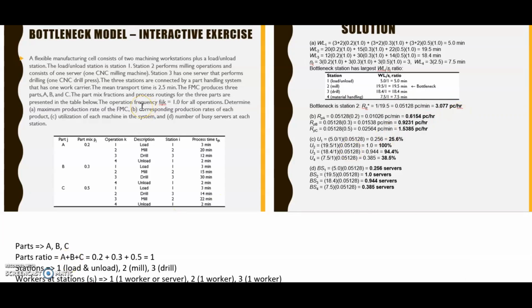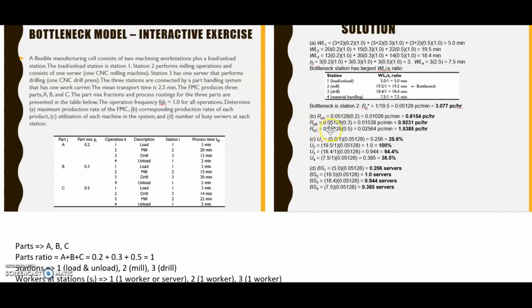The second question is to determine the corresponding production rates of each product. Referring to the bottleneck station, we use the value 0.05128 as our reference and multiply it by the part mix fractions. The production rate for part A is 0.05128 times 0.2.